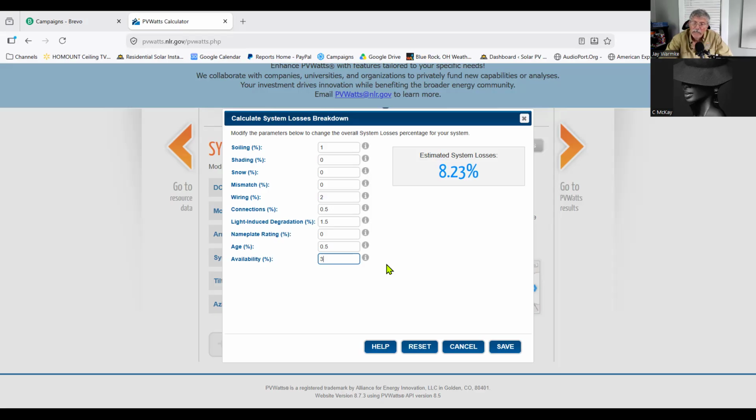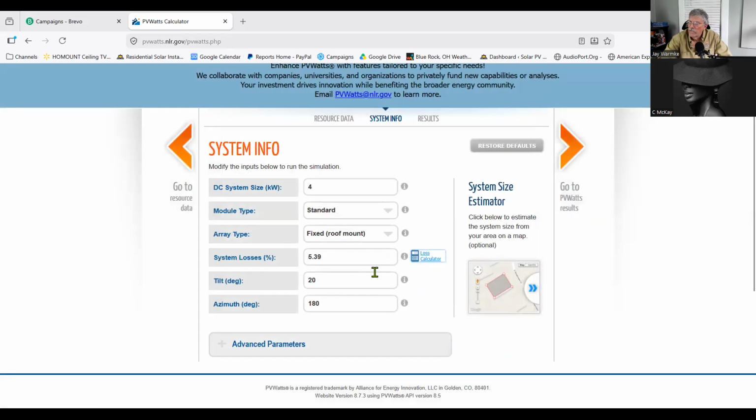That's just assuming that there will be times throughout the year where your system isn't working. I don't like to plan on that. So let's just go ahead and put a zero in there. So in that case, it's 5.5% degraded, not counting the inverter. So they don't put the inverter here. So that's kind of how you would derate your system.